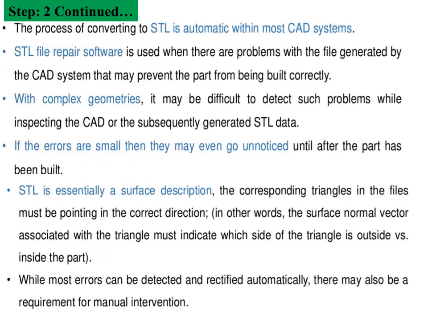Continuing with process 2, the process of converting to STL is automatic with most packages. Recent CAD packages have the ability to convert any 3D model into the STL file format. These are the file formats which are readily accepted by additive manufacturing machines, and thereby it starts producing.